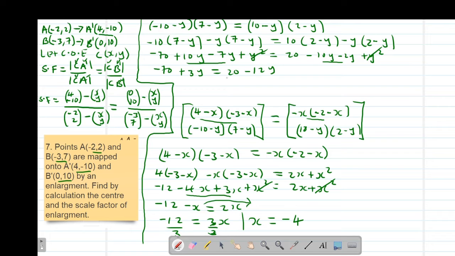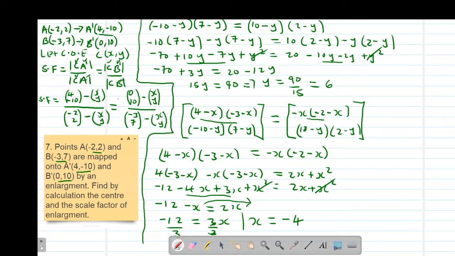On collecting the like terms, if 12 gets added to 3, I'll get 15y, which should be equal to 70 plus 20, I'm going to get 90. Therefore, this one implies that the value of y will be 90 divided by 15, which gives me 6. So it means the value of y is actually positive 6.